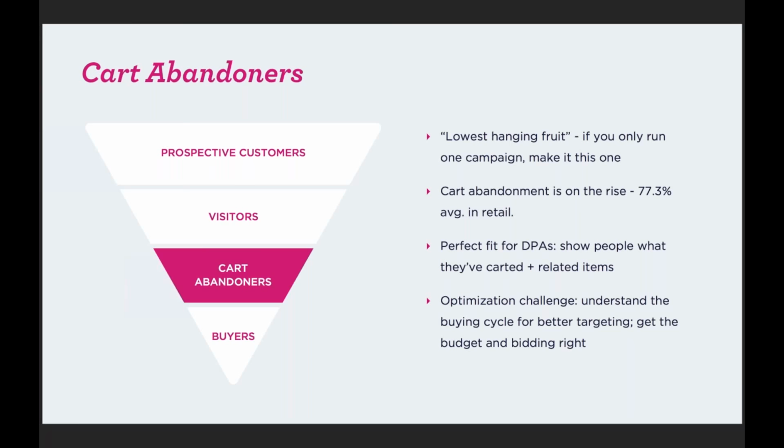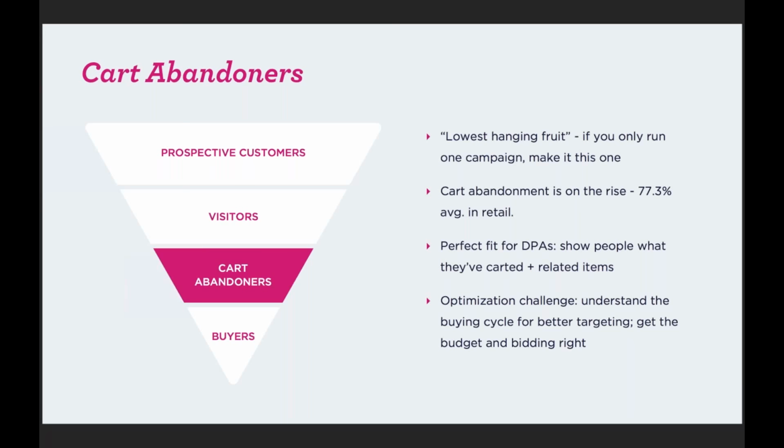So one of the challenges for optimizing is understanding the buying cycle for better targeting, making sure you get that budget and the bidding right. I think one of the biggest issues that I've seen with customers is they'll choose a budget that's way too high, and then they'll end up showing the ad way too many times to a small audience.